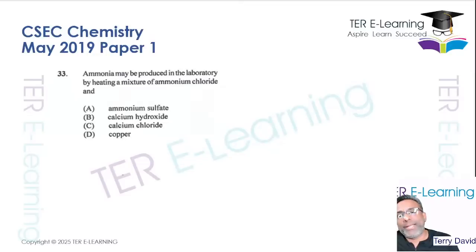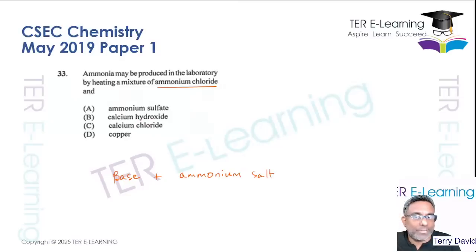If you want to make ammonia gas in a lab, you need to have a base and you're reacting that base with an ammonium salt. Now this is something specific in the syllabus. They already told you you're adding ammonium chloride, so that's the ammonium salt here, and you need a base. So we need to look at the answers here that could be a base. A base is a metal oxide or hydroxide. So in this case here, calcium hydroxide will be the base for this chemical reaction. The answer is B.